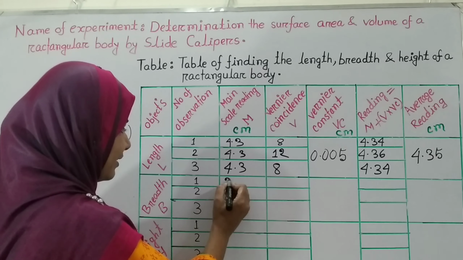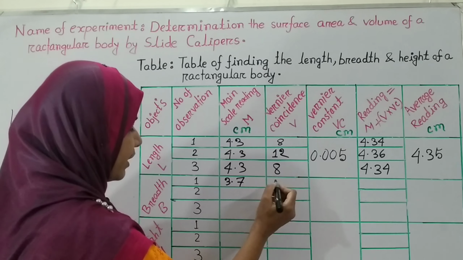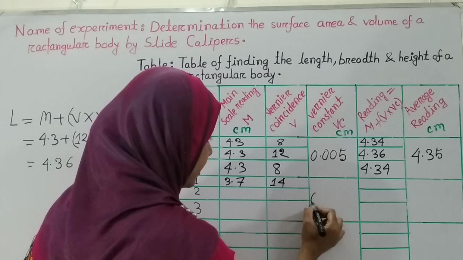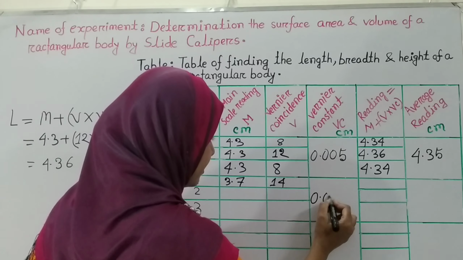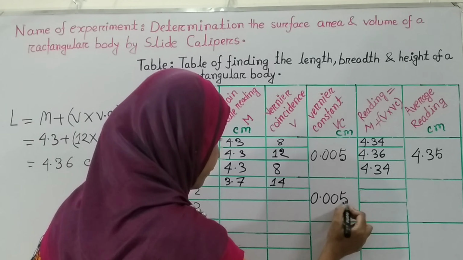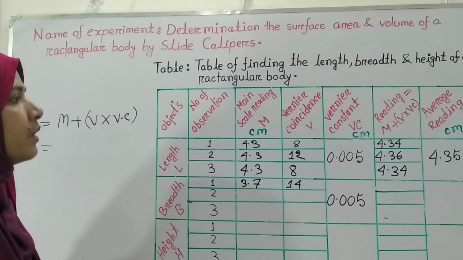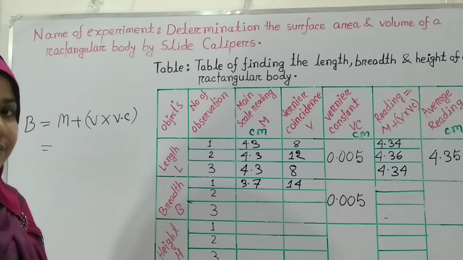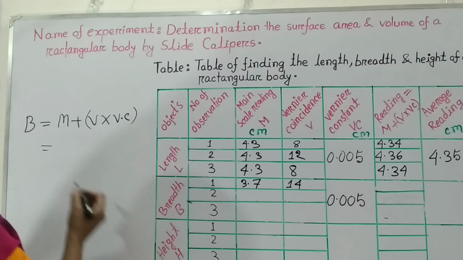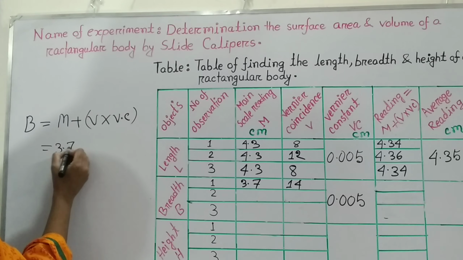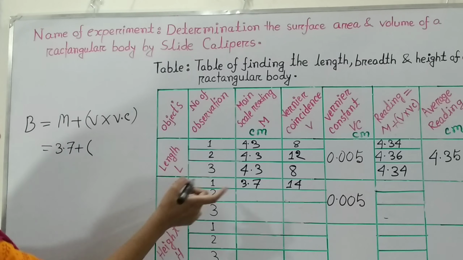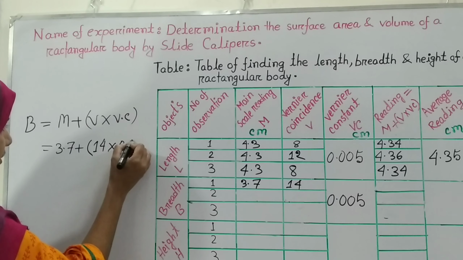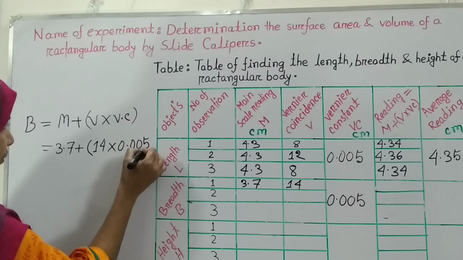Here the main scale reading is 3.7 and the vernier coincidence is 14, and you know that the vernier constant is 0.005. Now I am going to take the reading of breadth. The main scale reading is 3.7 plus vernier coincidence 14 into vernier constant 0.005.